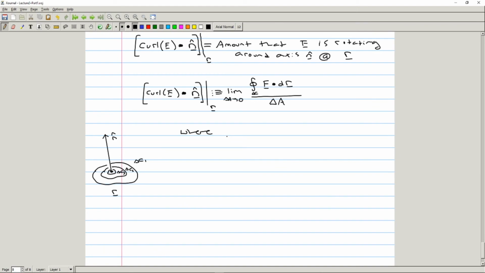So up here in this limit, delta C is a contour or a curve centered at r, going around n.